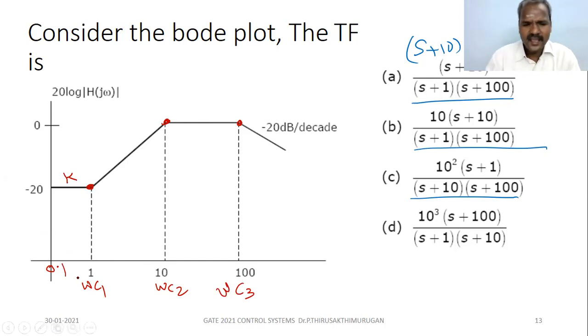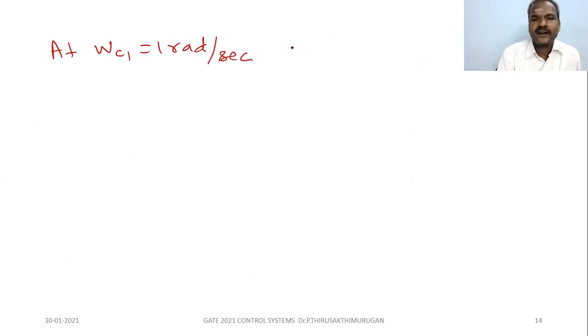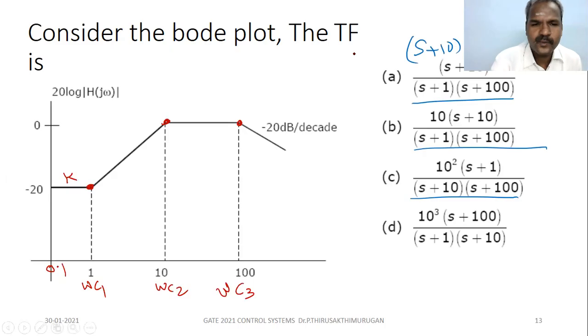At omega C1 equal to 1 radian per second, what is the slope change? What is the slope between these two?